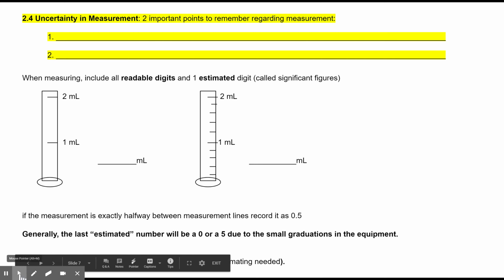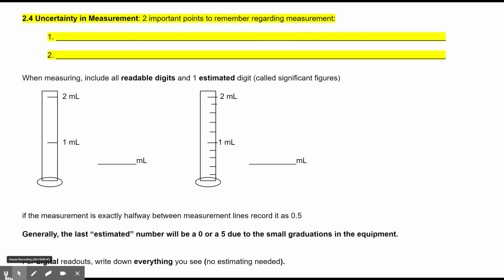So if we look at our 2 different graduated cylinders here, you can see that we have them filled up about halfway between our 1 milliliter and our 2 milliliters.